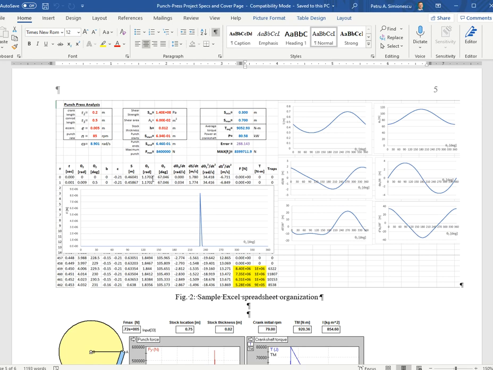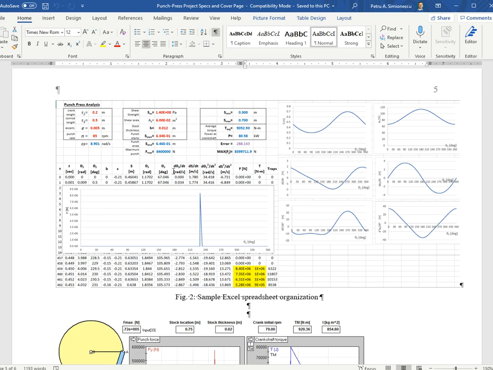Or you could, as I said, have 4 plus 4 more columns for a11, a12, a21, a22, b1, b2, and the other b1, b2 for accelerations.